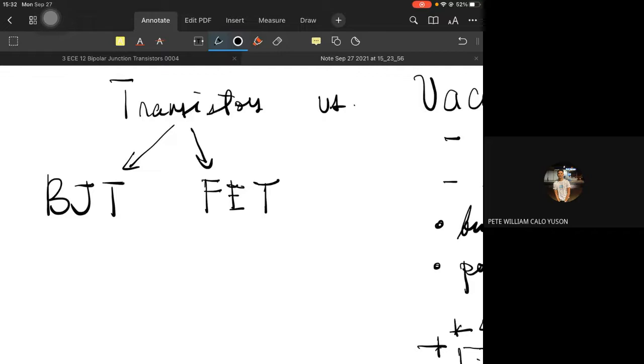But to tell you frankly, FETs are more useful nowadays than BJTs, especially with regard to digital electronics, digital applications.